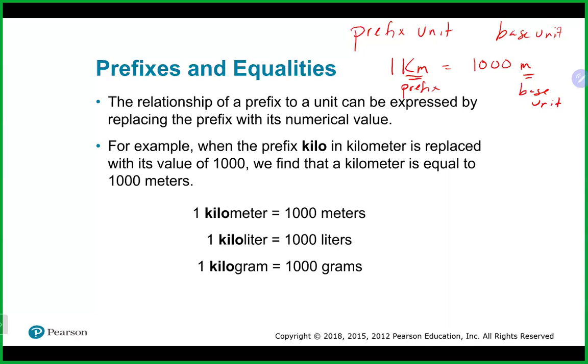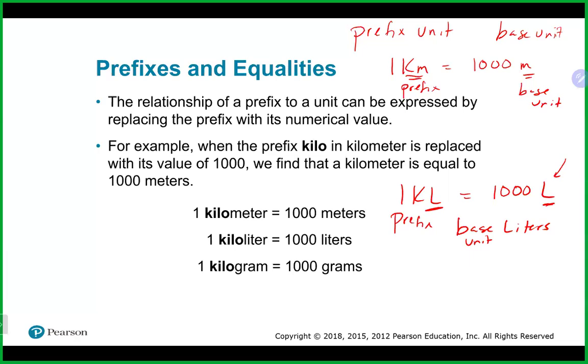So the unit that ties both of those together is meters. Now we could do kiloliters is 1,000 liters. And as you can see here, the base unit in each of these is liters. This is our prefix unit, and that is our base unit right there.